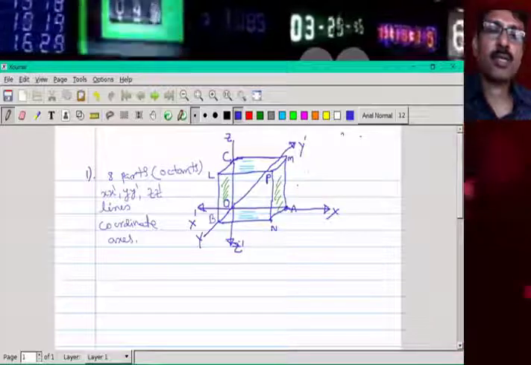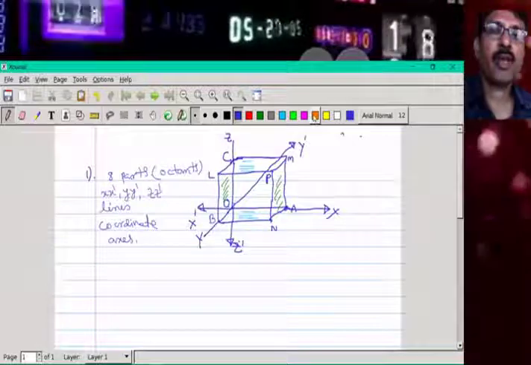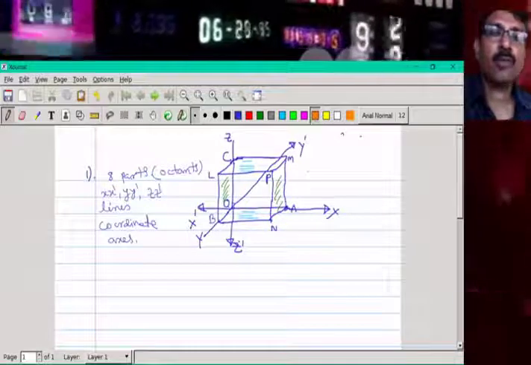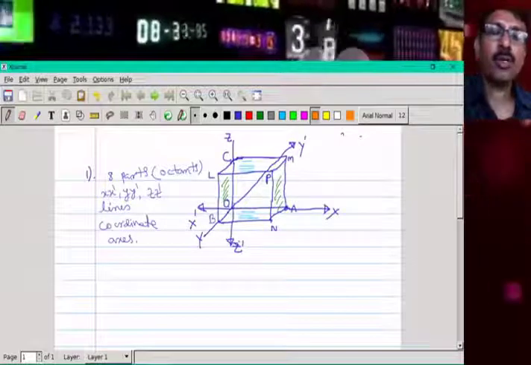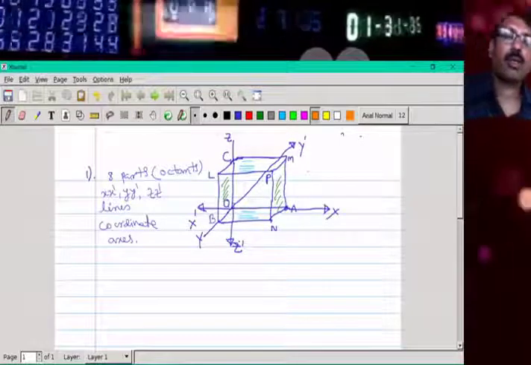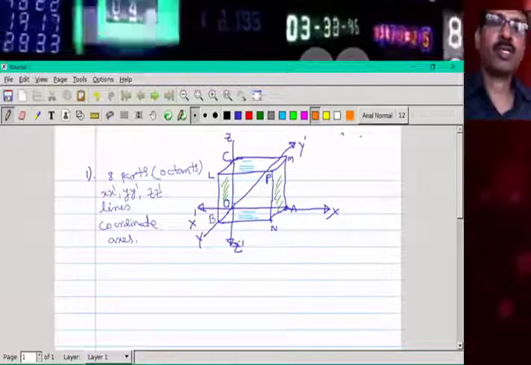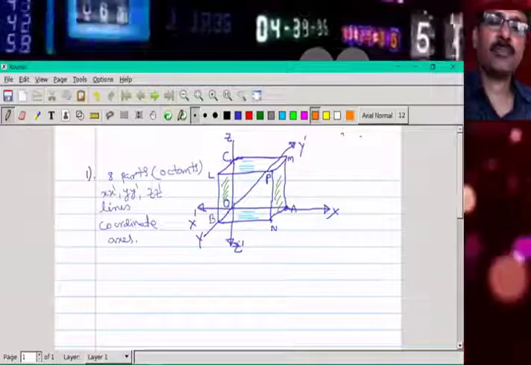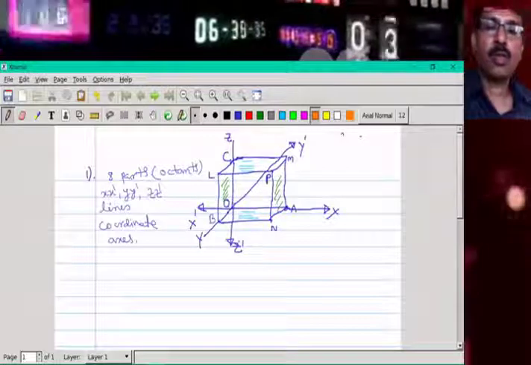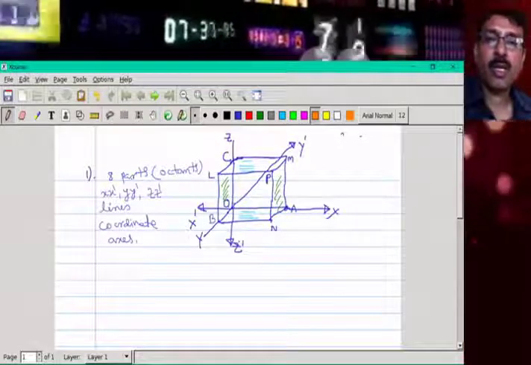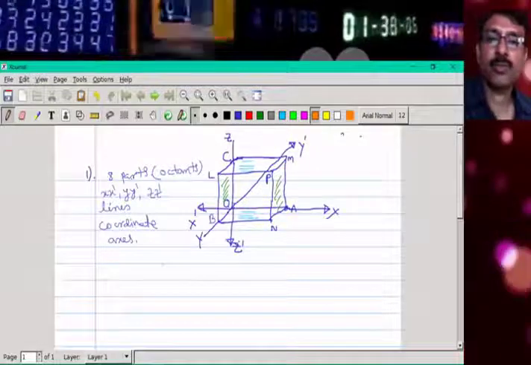In this octant we are going to define the coordinates of the point P. We have drawn a cuboid containing a vertex P as shown in the figure. The coordinates of P can be defined as follows.